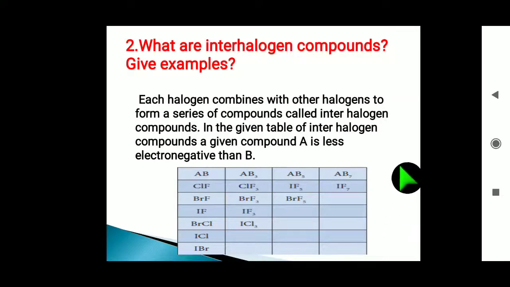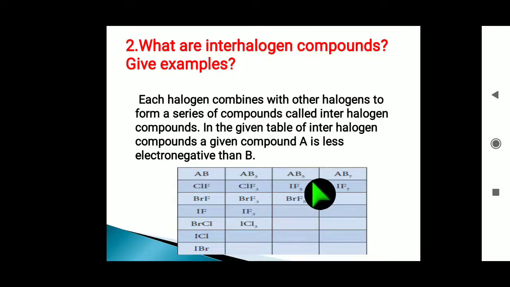We have one condition for writing interhalogen compounds. In the given table, in a given compound, A is less electronegative than B.